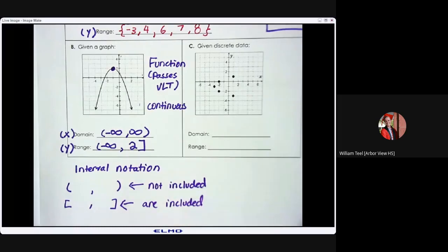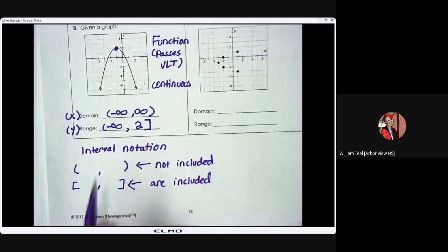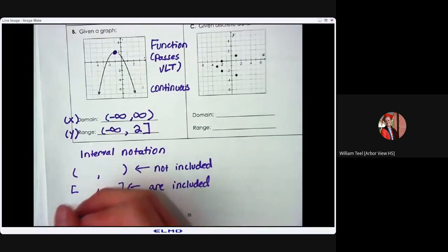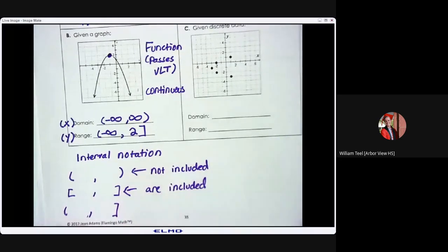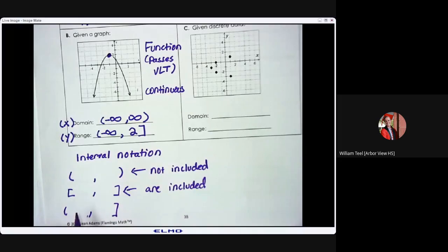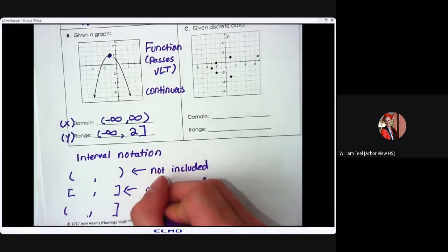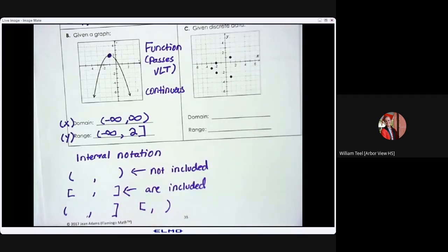Now we can also have a mix of these two. As you see for the range up here, we had a parenthesis and then a bracket. That's a possibility. That means that this value is not included in the domain or range, but this value is. We could also have a bracket and then a parenthesis. That's also acceptable.